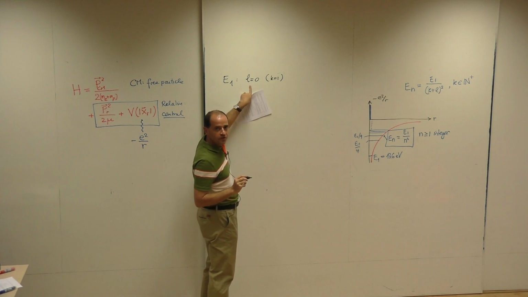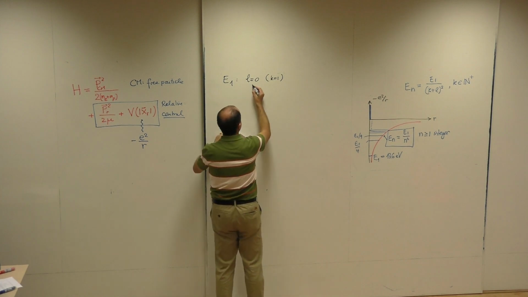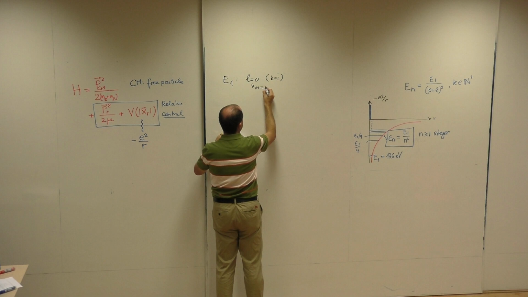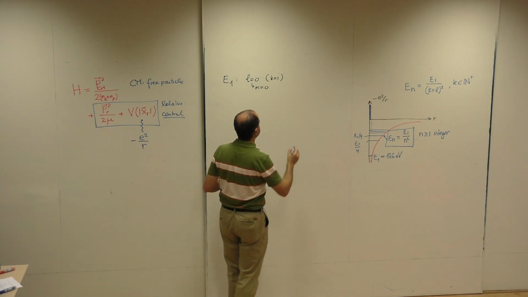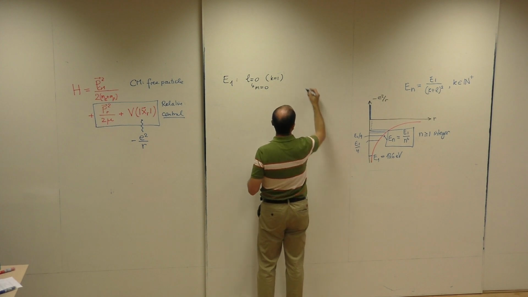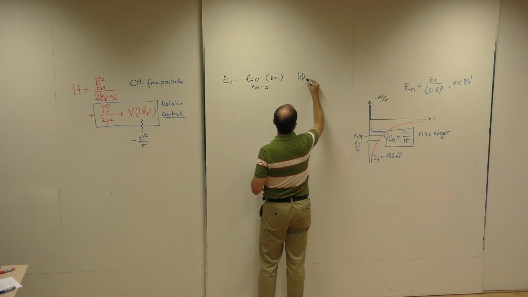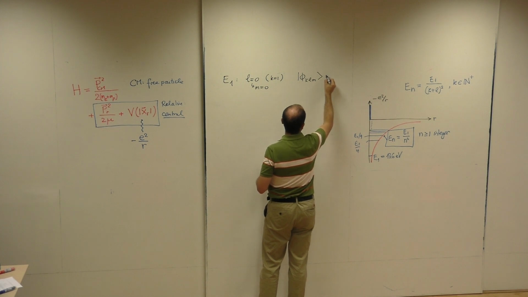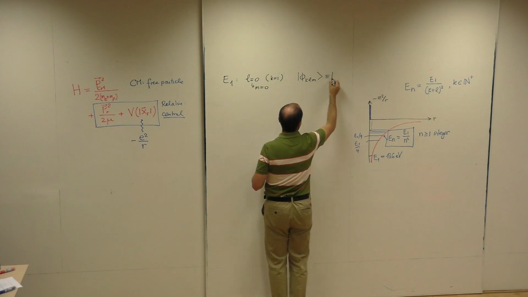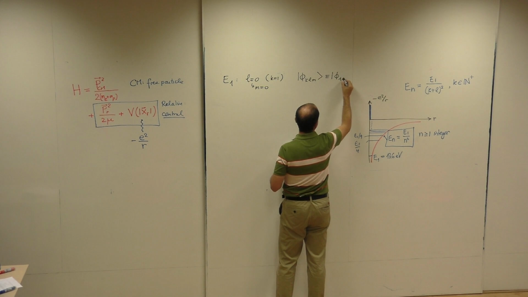If L is equal to 0, M is also equal to 0, and therefore the ground state, if I write it phi K L M, would be phi 1 0 0.